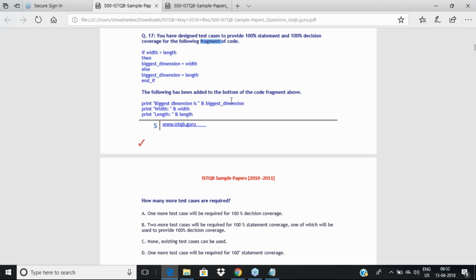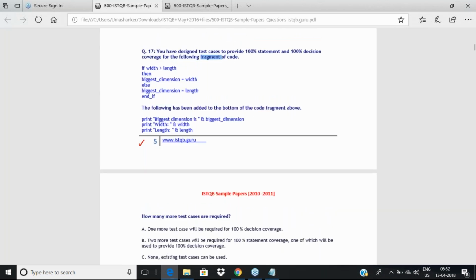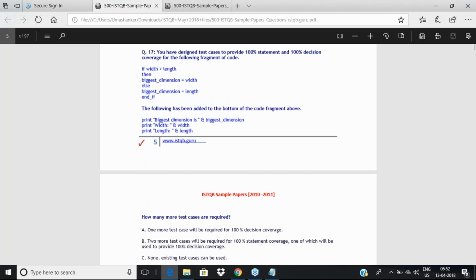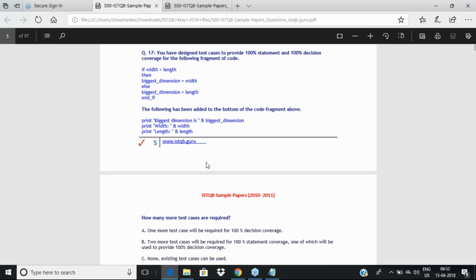The following has been added to the bottom of the code fragment above. And moreover, these are simple print statements, not even accepting any value. There are two print statements back to back. Does anything come in between the quotes?